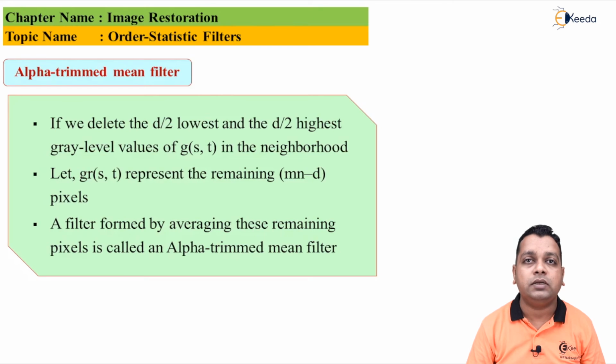Let us represent g suffix r of s comma t as the remaining mn minus d pixels. A filter formed by averaging the remaining pixels is called the alpha trimmed mean filter.